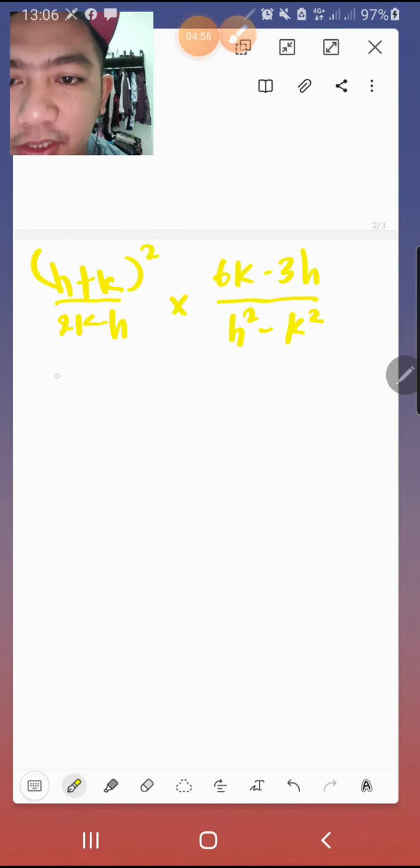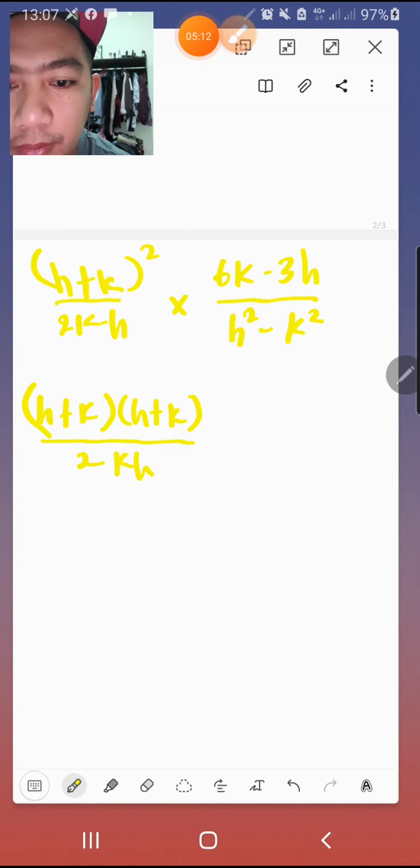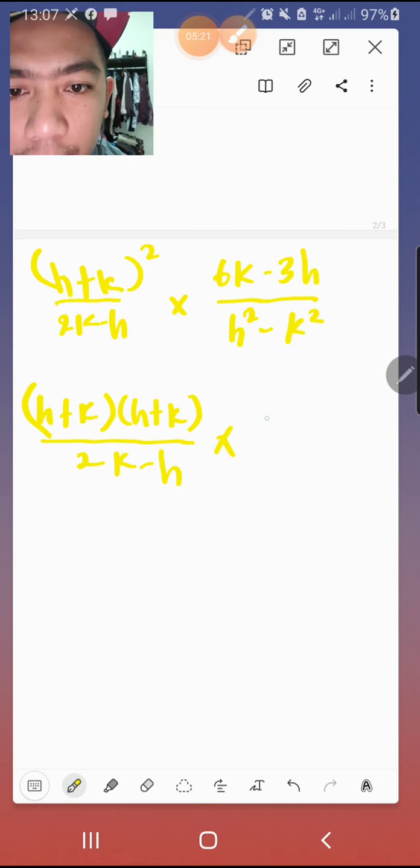So h plus k square, when you factorize, becomes h plus k times h plus k, over 2k minus h, times this 6k minus 3h.